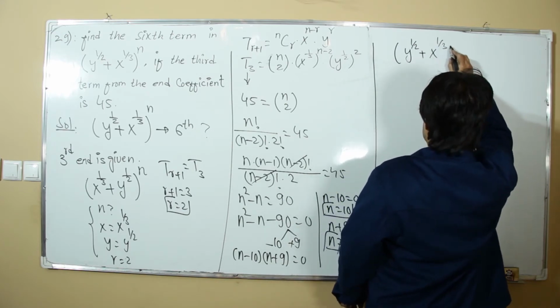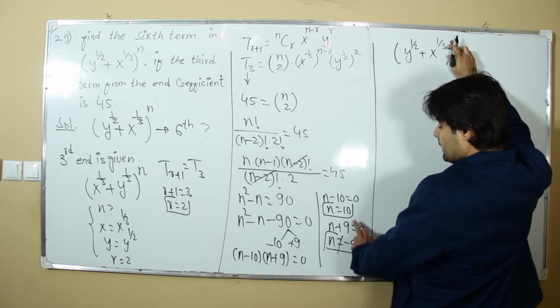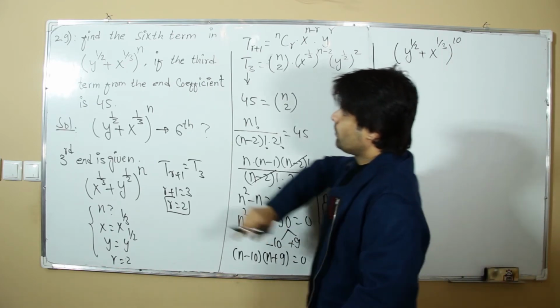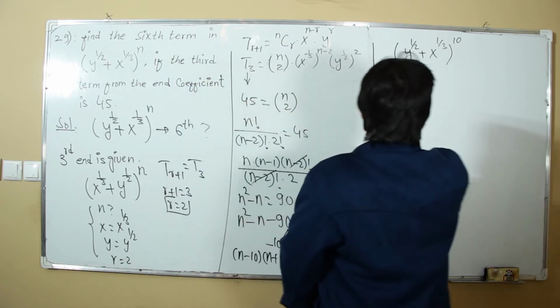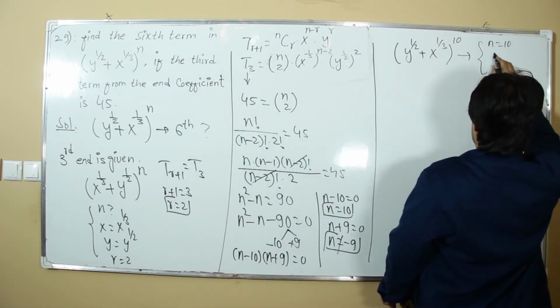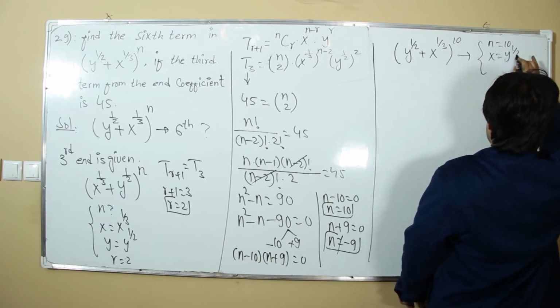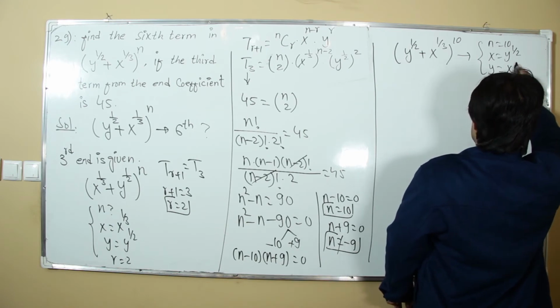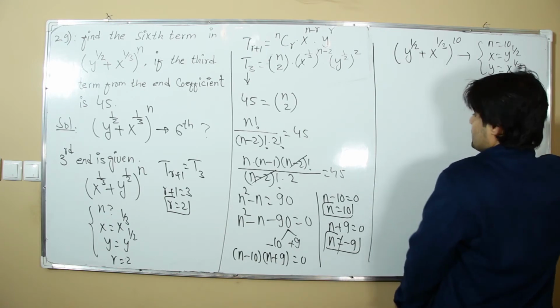Now the question is (y^(1/2) + x^(1/3))^n, with n equal to 10. Now it's a simple question. You have to find the sixth term. In here n is 10, x is y to the power 1/2, and y is x to the power 1/3.